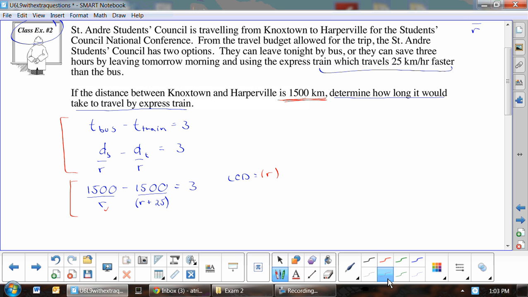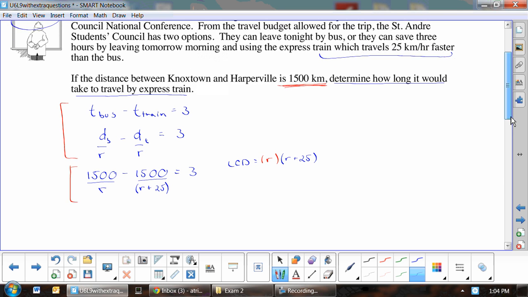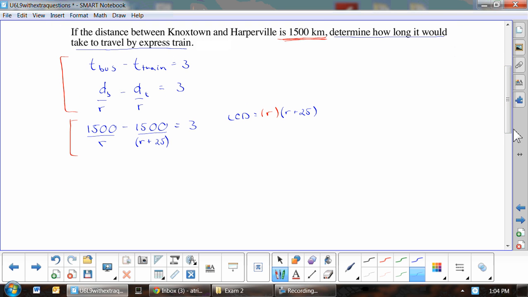And so I usually think of these denominators as being in almost like their own set of brackets. So you can't pull just this R out. You have to take it as a package. So we know it's going to be R multiplied by R plus 25. Okay? And I would just leave it in factored form for now. Okay? And then we get to multiply all of our numerators by it. Just like that.